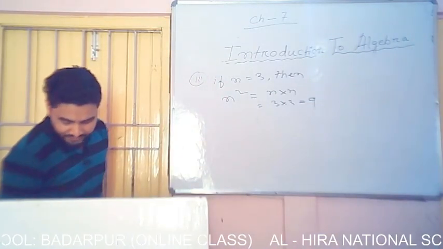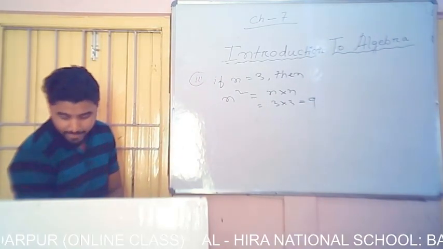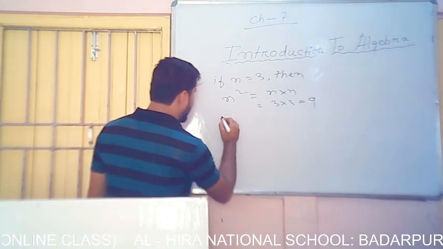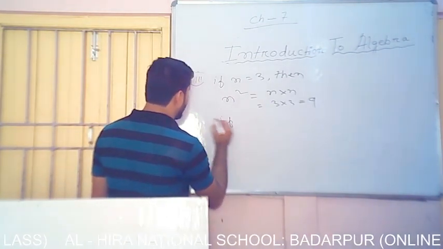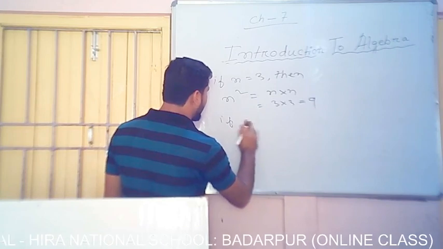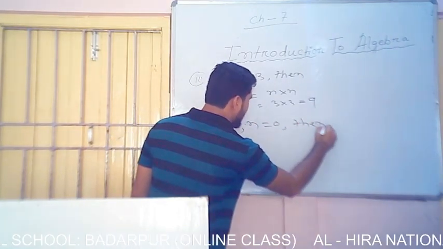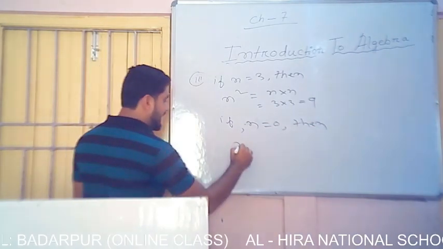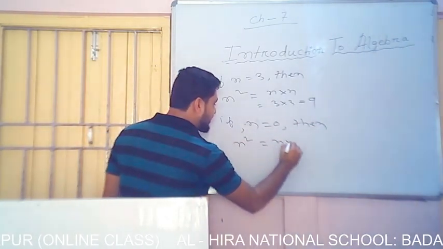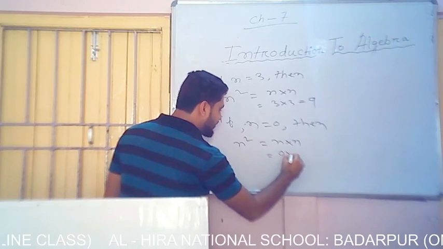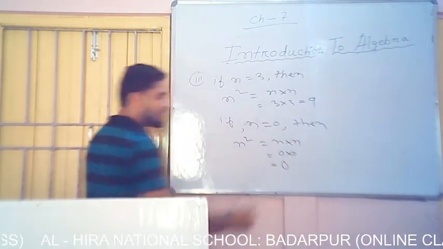Now come, if n equals 0, then n square equals n into n. That means 0 into 0 again 0.